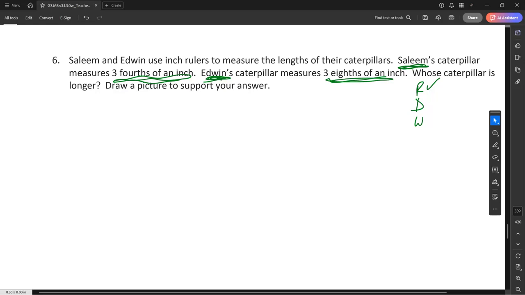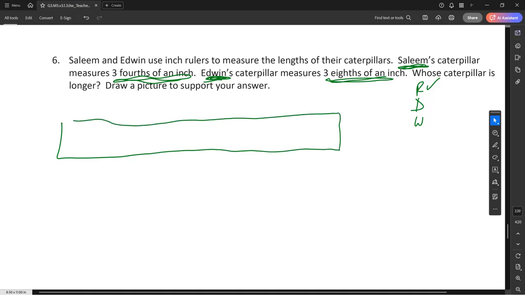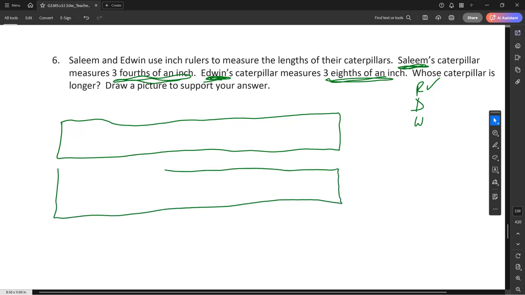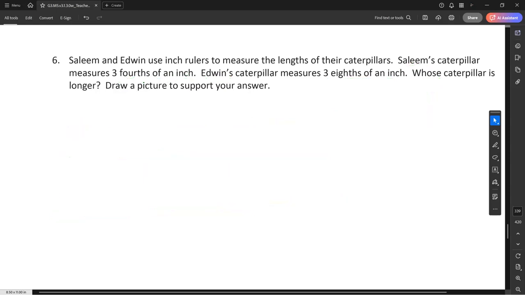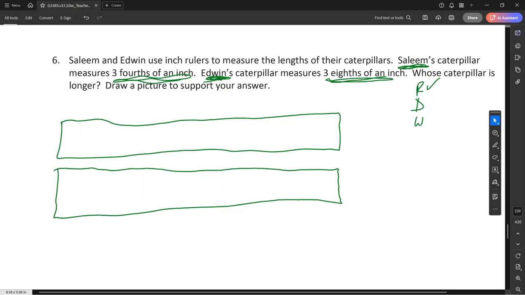Okay, so we need to go back to our tape strip diagram or fraction bar, and then we make one just like it because they're both the same length, 1 inch, right? Whoa, what happened? There it goes. Okay, so we're gonna say this is Salim's, and we're gonna say this one is Edwin's.